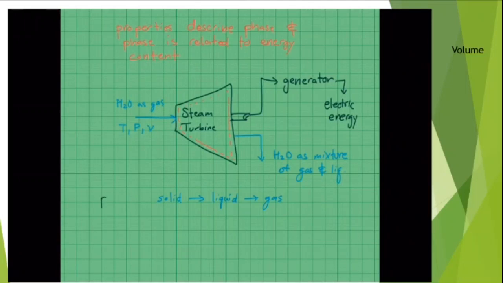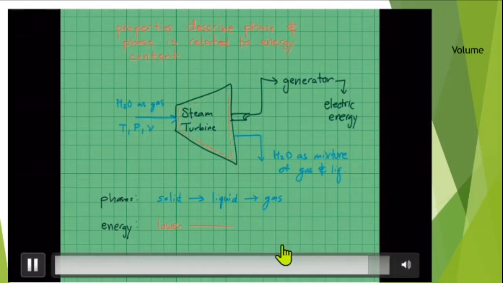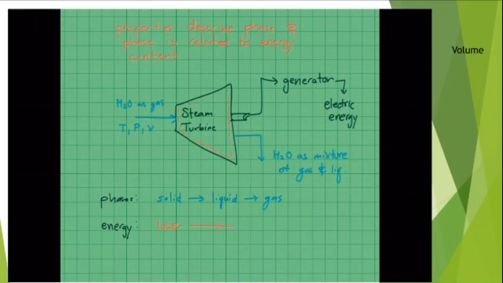And these phases are sort of proxies for energy or energy content. So lower energy, lower temperatures are associated with solids, and as the energy increases, it's going to become a liquid. So if we're talking about water, it's ice, it'll melt, and then as you continue to add energy, it'll boil and it'll become a gas.